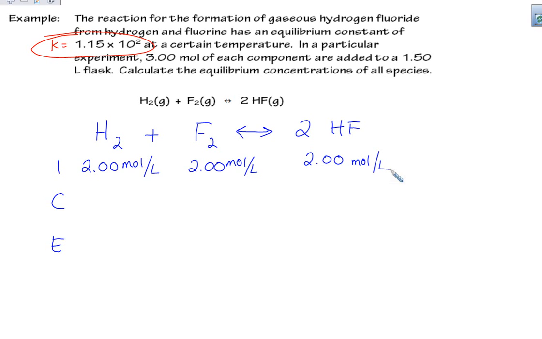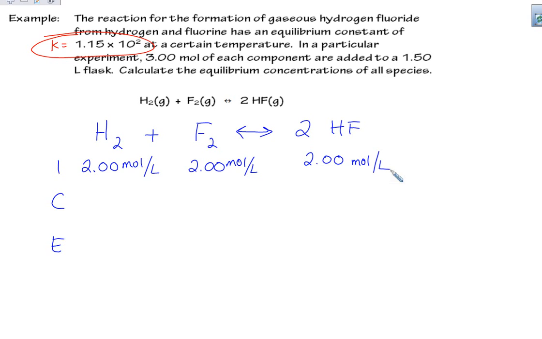A lot of times, by accident, people will just plug in like 3. And then they'll be like, oh, darn, it was 3 moles in a 1.5 liter flask. Yeah, your only options are concentration or pressure. So here we do have to plug it in as moles per liter. Notice too that this is not the ratio from the balanced equation.